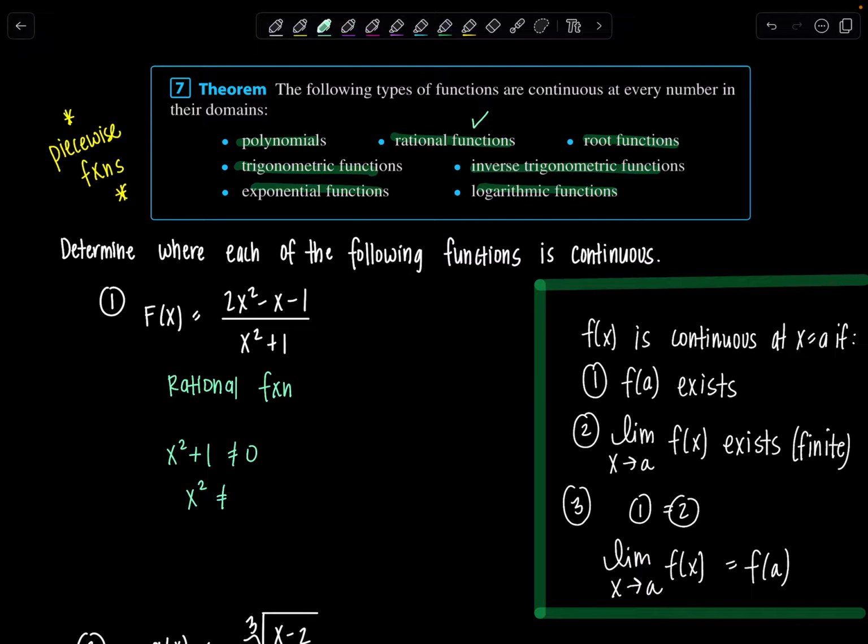So that means x squared can't be -1. But that's not going to happen anyway, right? There's no real number that I could square and get -1. So there are no restrictions. So that means the domain of this function is all real numbers. So where is it continuous? It's continuous on its domain, on all real numbers.